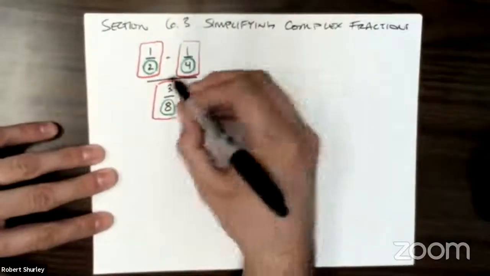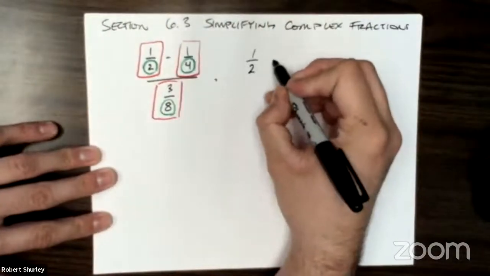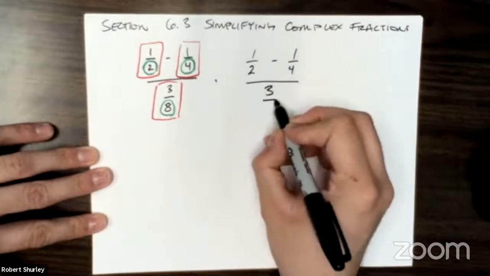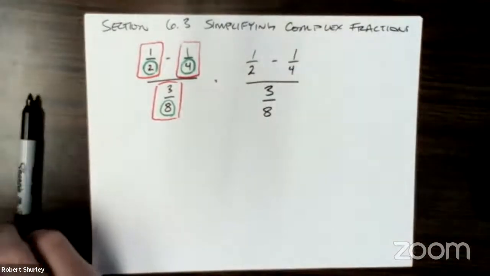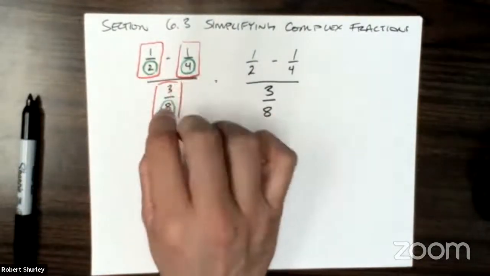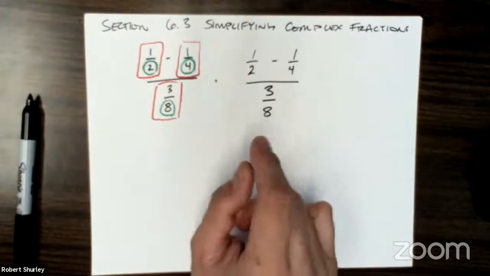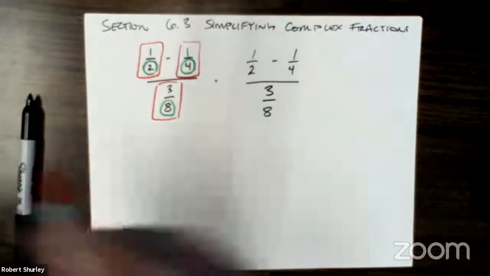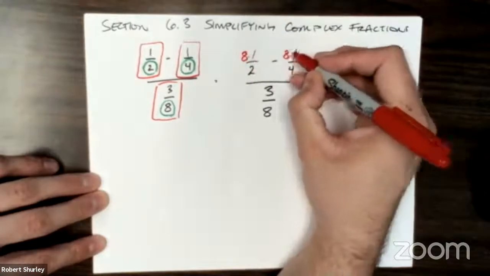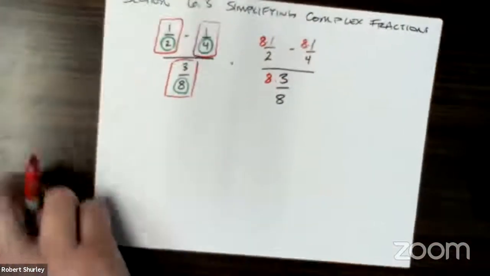Now I'm going to rewrite this on the side because I've marked it all up. So 1/2 minus 1/4 over 3/8. The way we do this is multiply every single numerator by the common denominator. For this example, the common denominator is 8, so I'm going to multiply every single numerator by 8.